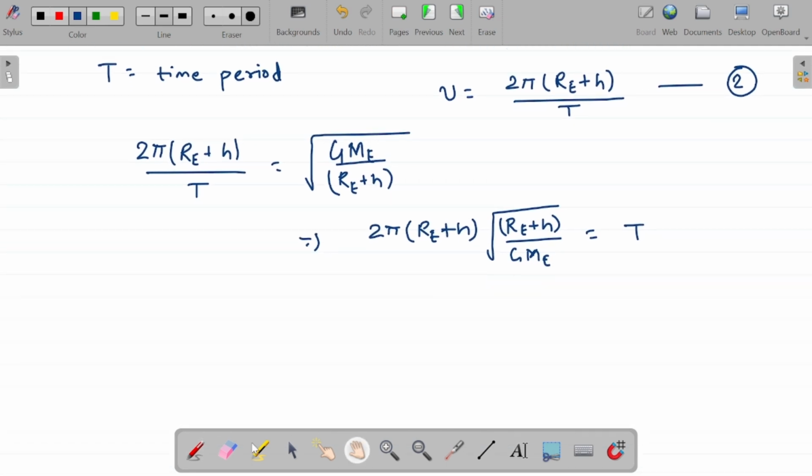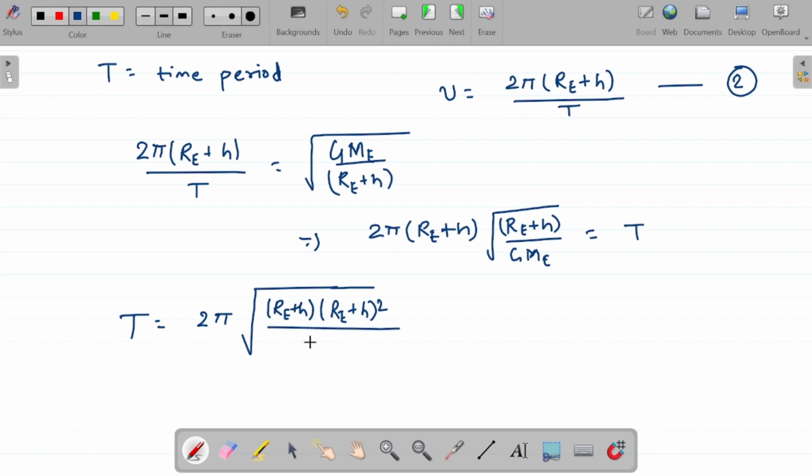Now we can further write the time period equals, we can keep this thing inside the root, and then we will have 2 pi square root of (Re plus h) into (Re plus h) whole square divided by G Me, and now the time period equals 2 pi square root of (Re plus h) cube divided by G Me.